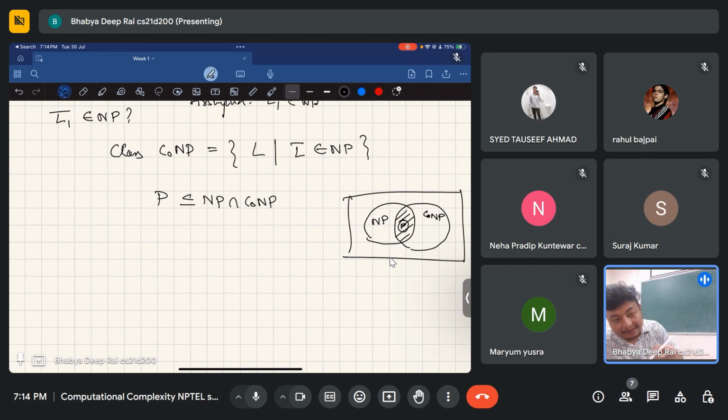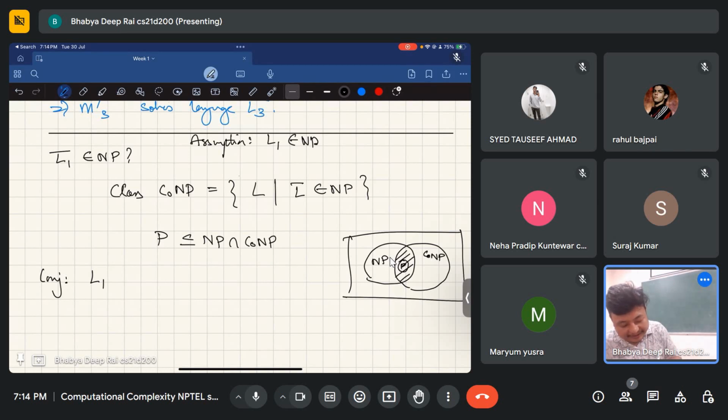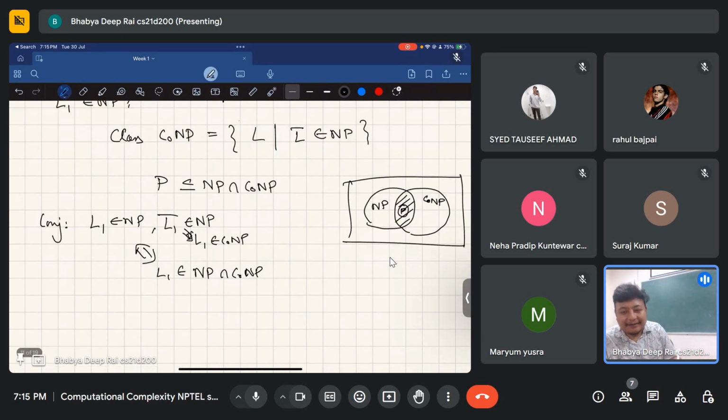Like what Rahul said, if you are able to prove this conjecture, that L1 is in NP and L1 bar is in NP, which simply means that L1 is in co-NP, which simply means that L1 is in NP intersection co-NP, and then L1 belongs to P, this is a huge result.